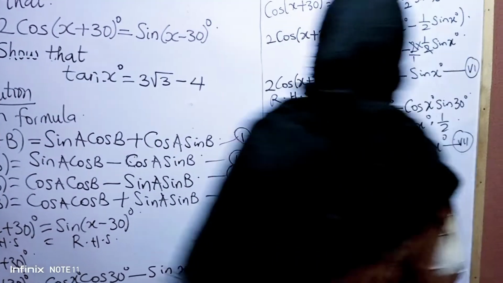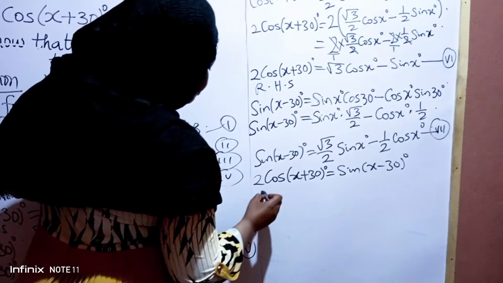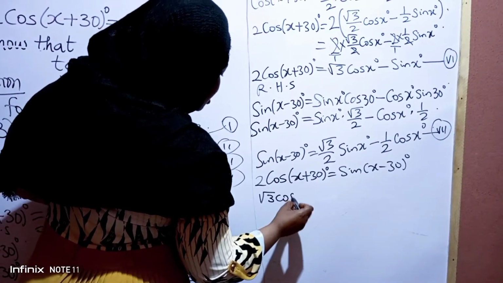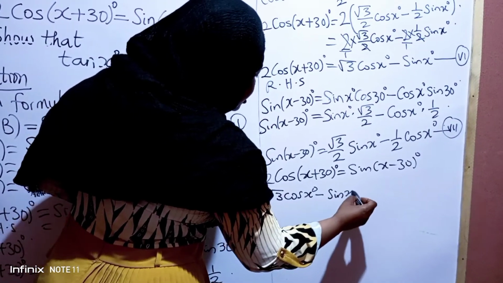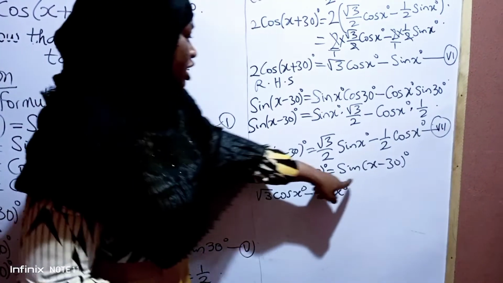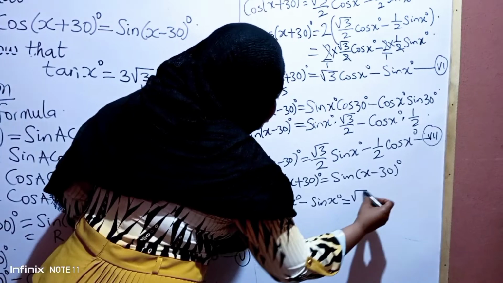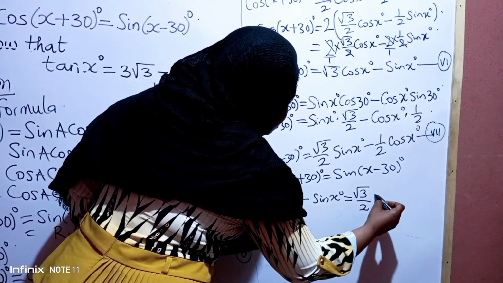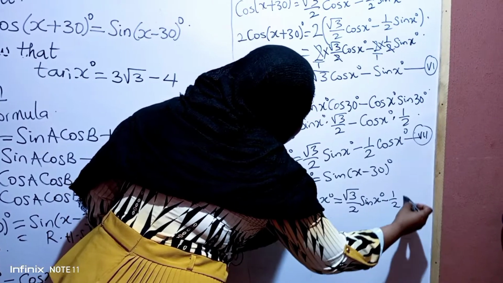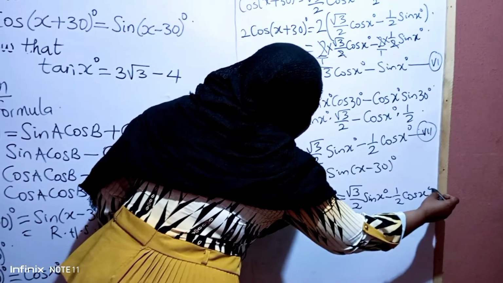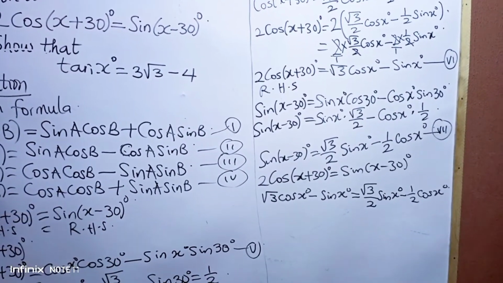Our equation 6 says root 3 cos x degrees minus sine x degrees is equal to equation 7, which is root 3 over 2 sine x degrees minus 1 over 2 cos x degrees. So look at it very well, study it very well.